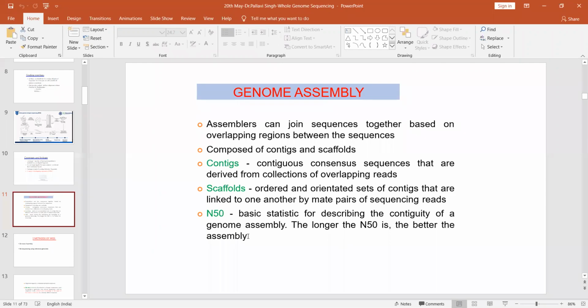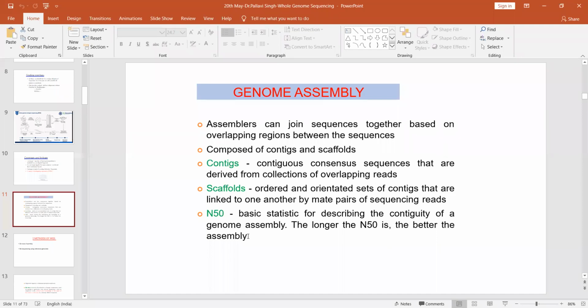And N50. Whenever you go for the sequencing platform, these terms will be used. What is N50? N50 is the size, the contiguity, of a genome assembly. When you are going to assemble your overlapping fragments, your contigs, into a bigger size, how many contigs have been considered? That is given by the value of N50.